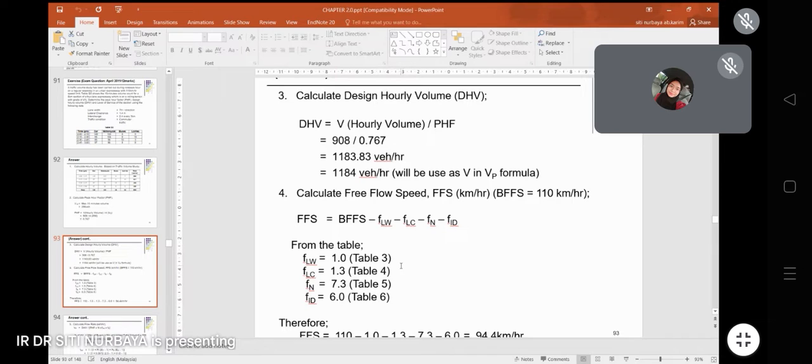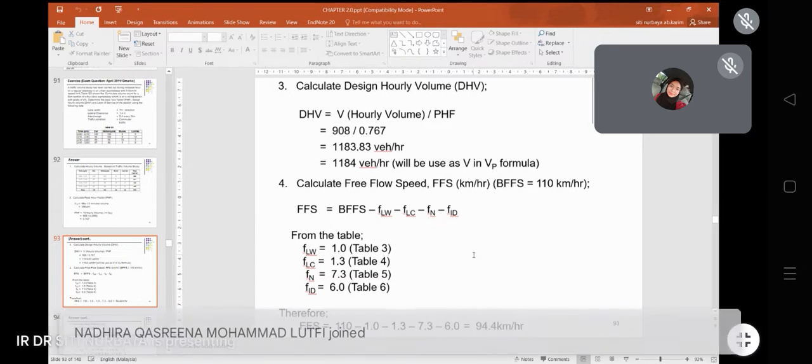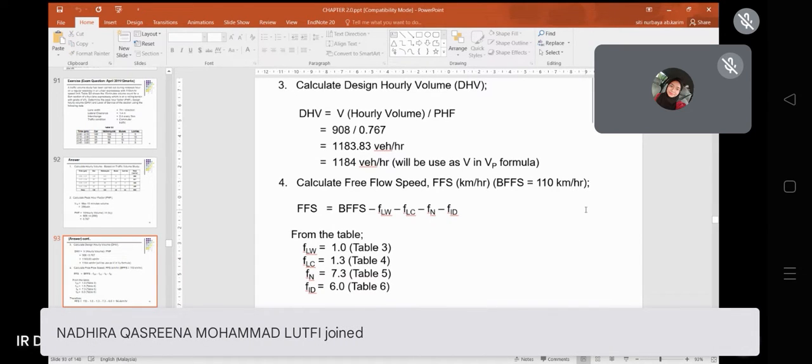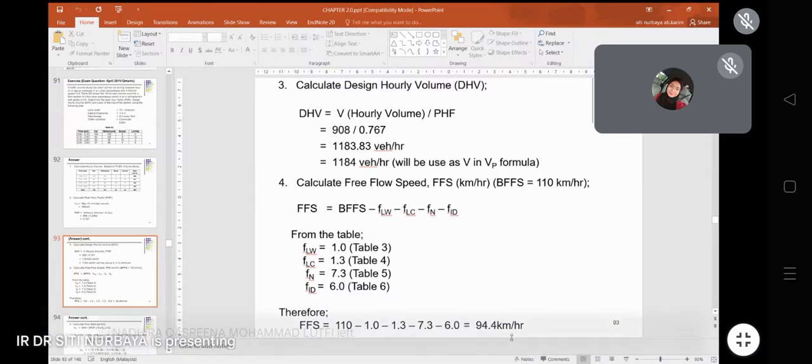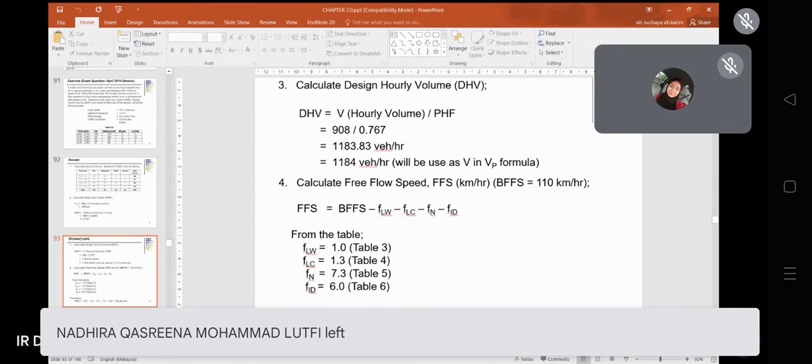Where to look for all of these are tables 3, 4, 5, and 6. Finally you have to insert all the values that you have obtained in the FFS formula. So you can get 94.4 kilometer per hour.